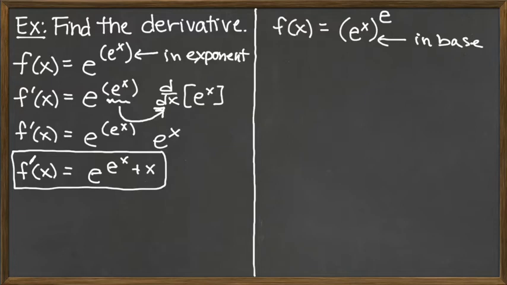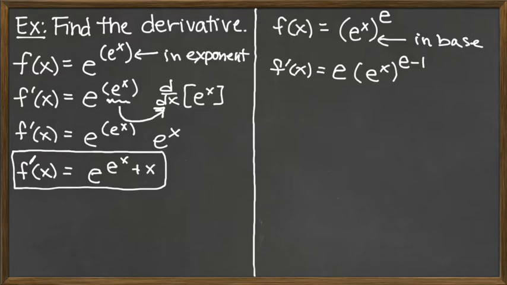And so when we're taking the derivative here, we've got the power rule. So we have f prime of x equals, and the power rule tells us that we bring down the exponent, so the exponent is e. We take the exact same base that we had, which is e to the x, and we have as the new exponent one less than what we had before, so it would be just e minus 1.